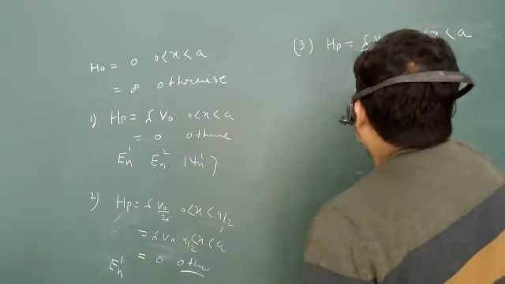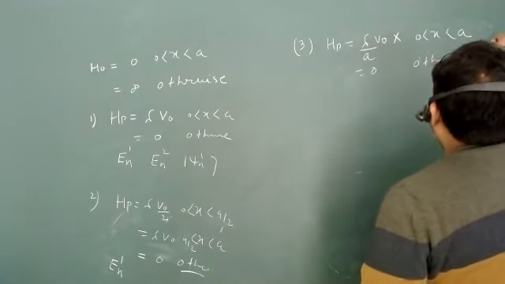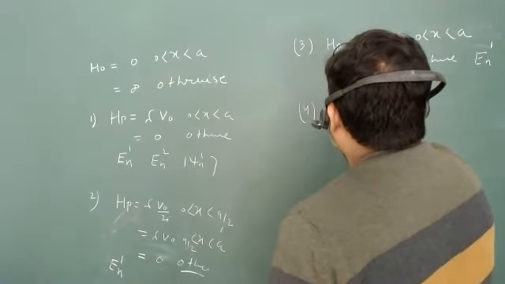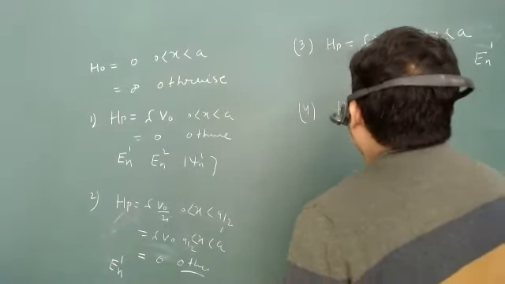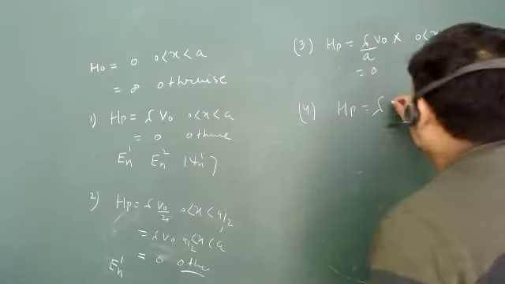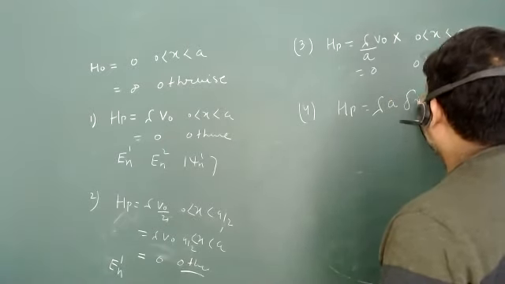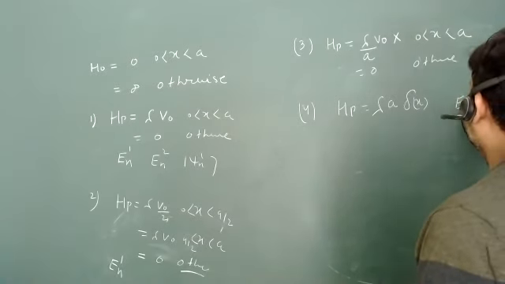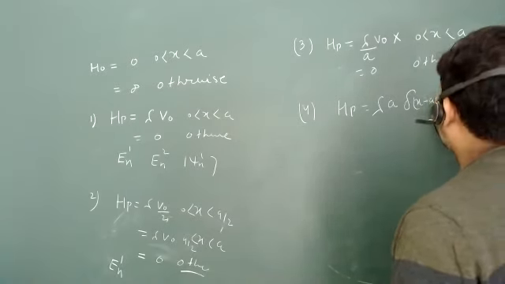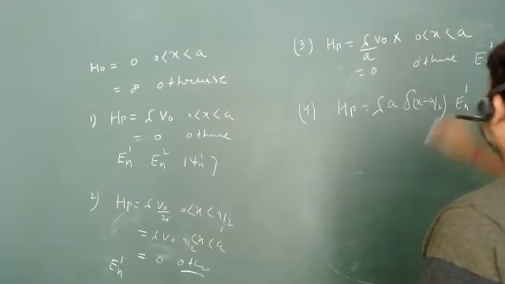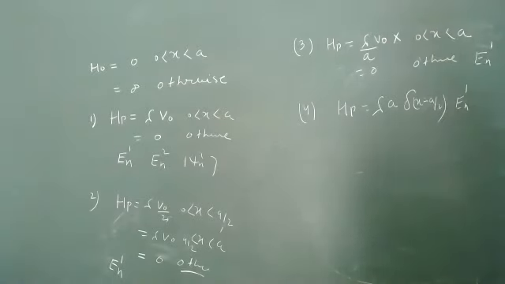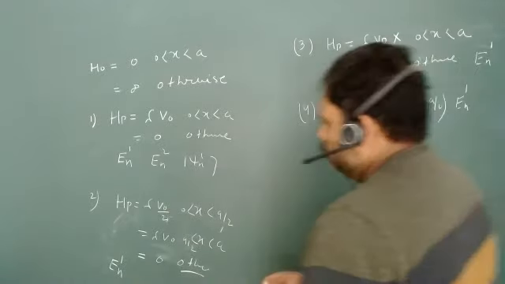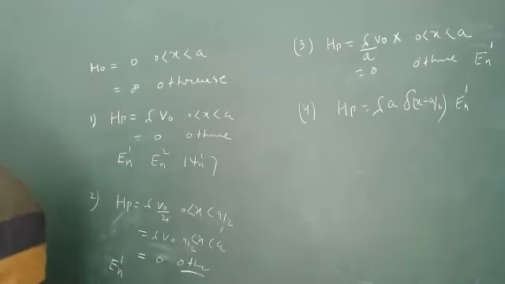We have to calculate En1. Fourth one, HP is equal to lambda a delta of x minus a by 2. You have to calculate En1. Third, fourth.